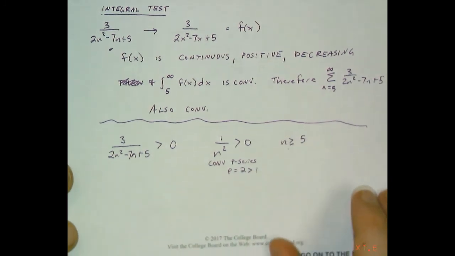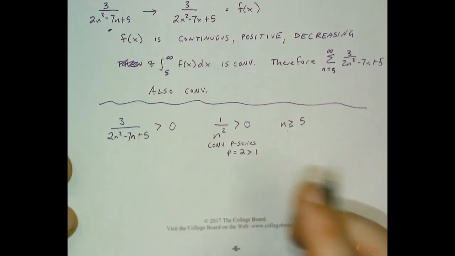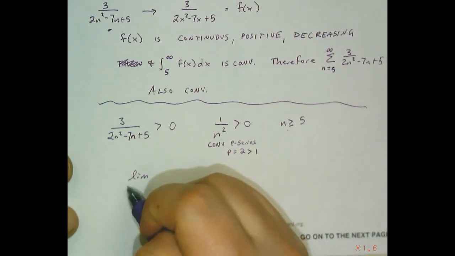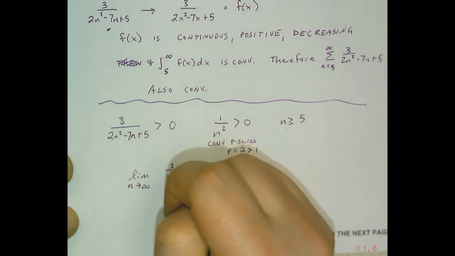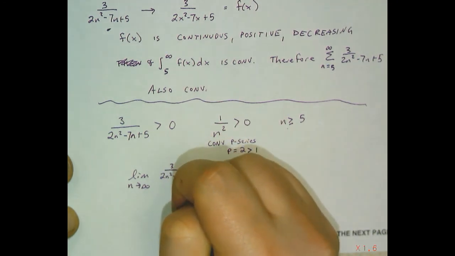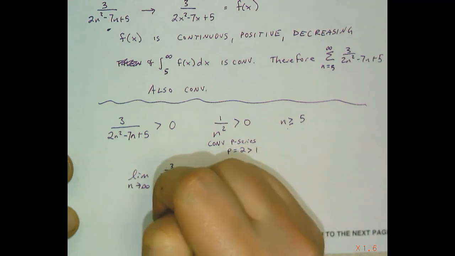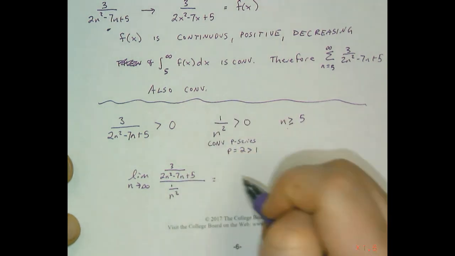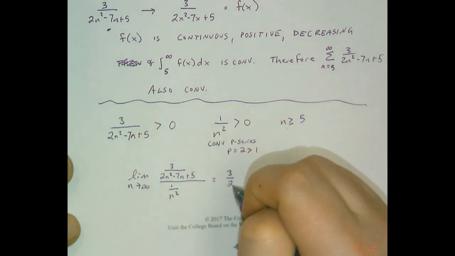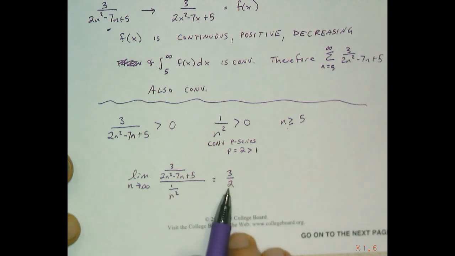Okay. So for the limit comparison test, if we take the limit as n goes to infinity of the one that we are testing over the one that we know something about, we get a limit value of 3/2, which is positive and finite.